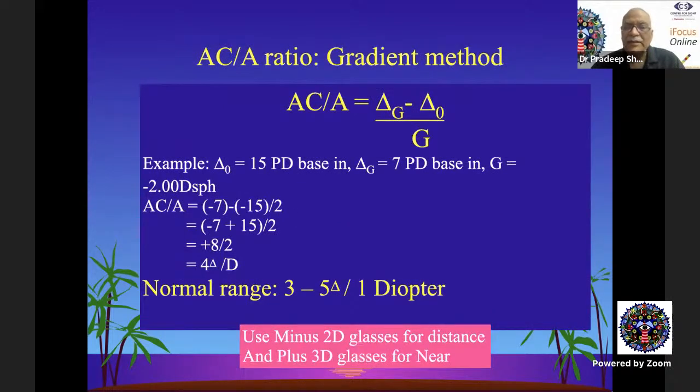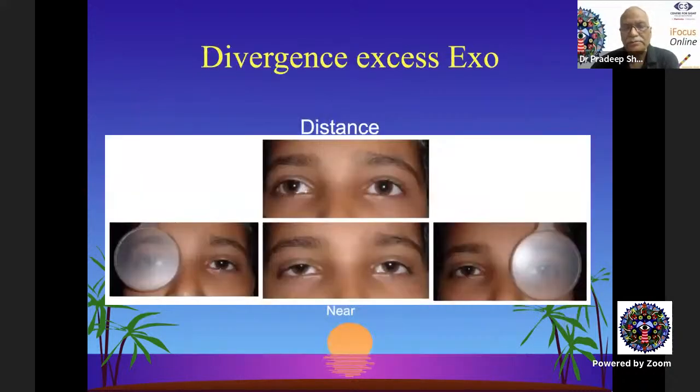Similarly, you can use the gradient method. In this case, you are doing it at the same fixation distance, and so the IPD is not required because that is the common factor, and you are only changing the glasses, and the amount of accommodative requirement will be based on the amount of glasses that you give, a -2 or a +3 to relax the accommodation.